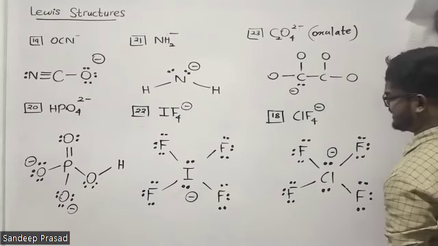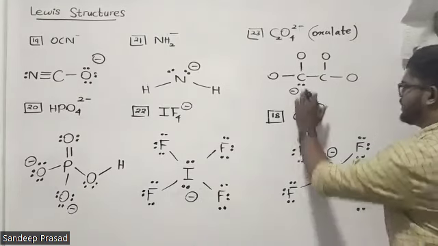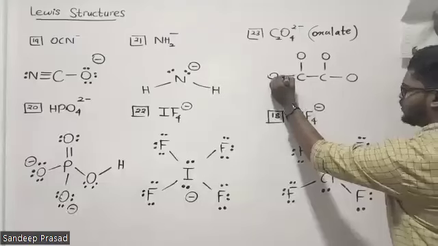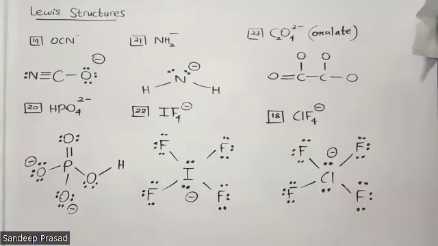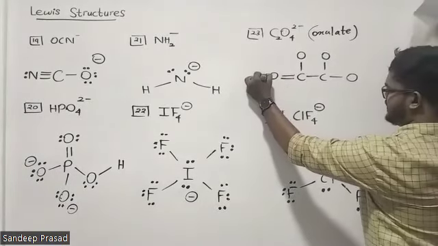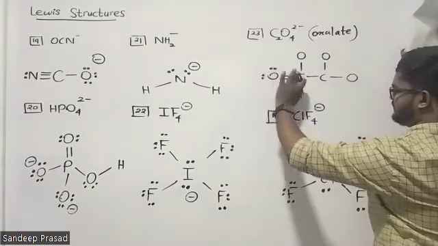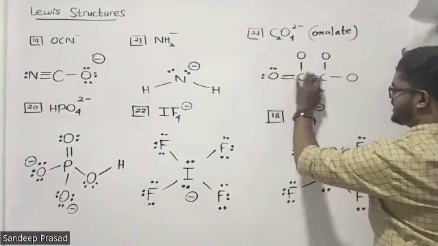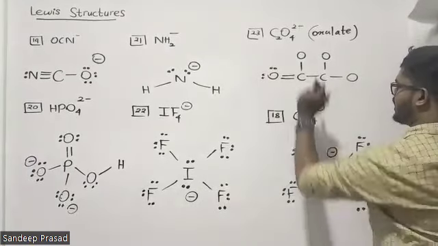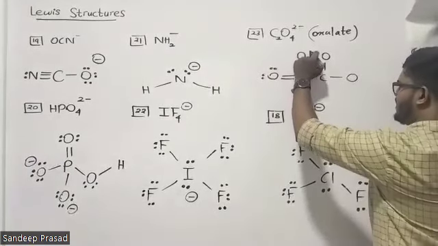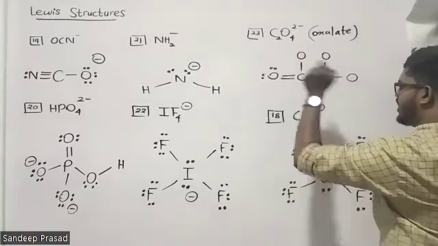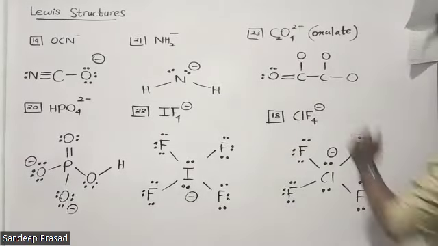So then what is the method to satisfy the octet of carbon? Students, you can just make one double bond between oxygen and carbon. Then here we can put 2 lone pairs. 1, 2, 3, 4, 5, 6, octet is okay. Valence electrons okay. Carbon octet is okay. But we have 1 remaining oxygen connected to the carbon through a single bond.